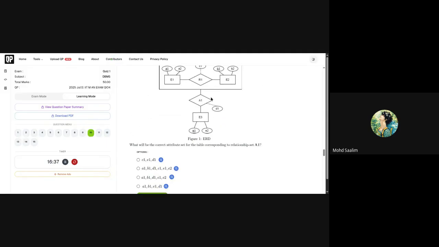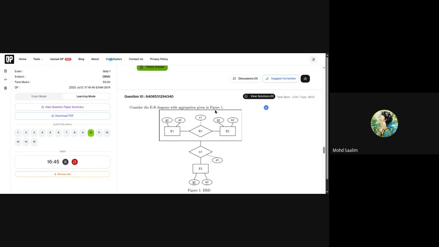ER diagram. Again, you need to just interpret ER diagram really well if you want to solve such questions. There is an aggregation here, right? Two entity sets, one relationship set, all of it being aggregated. Can you tell me what are the attributes that will be present in the aggregation?